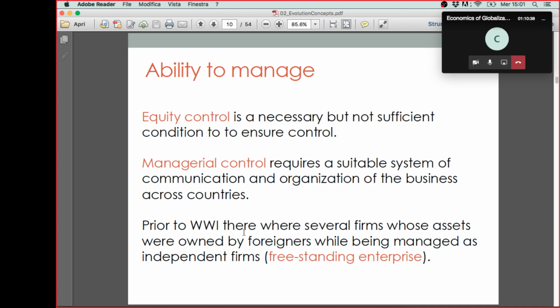Since these owners didn't have the infrastructure and the organizational principles sufficient to actually manage the US companies from the UK, these companies, even though from the financial point of view they could be classified as multinational companies, were not multinational companies in the way in which we understand them today.